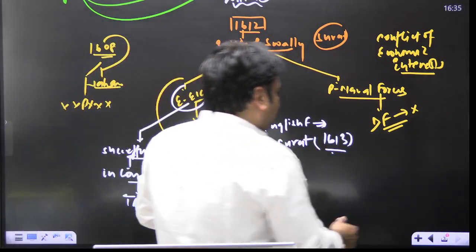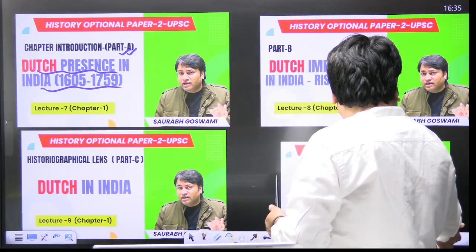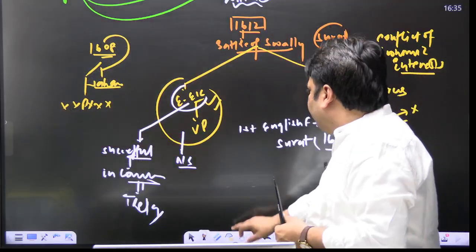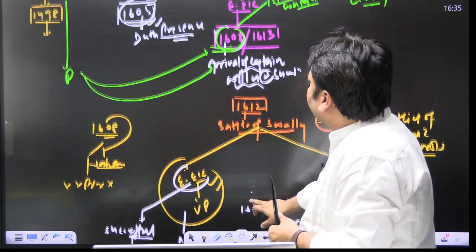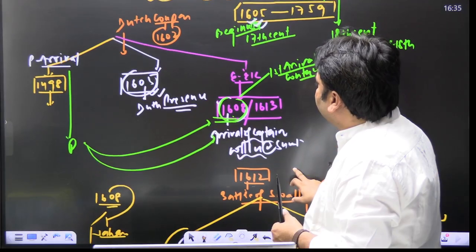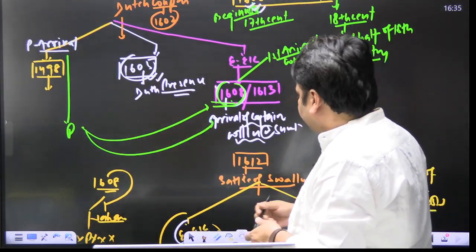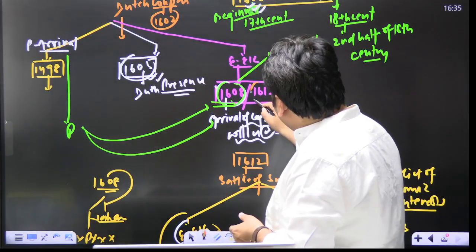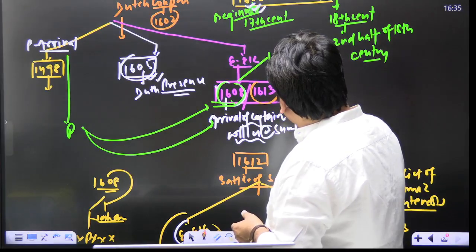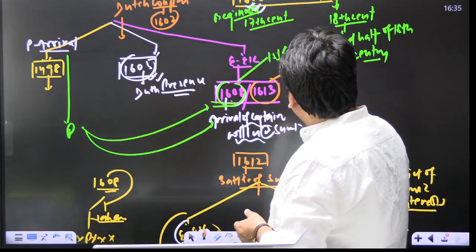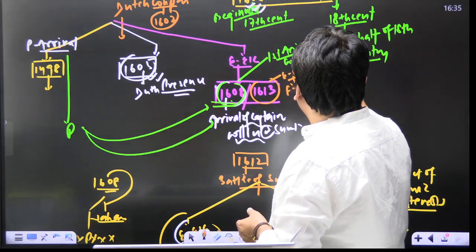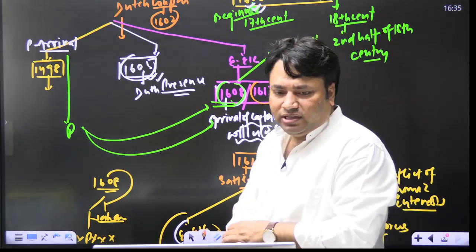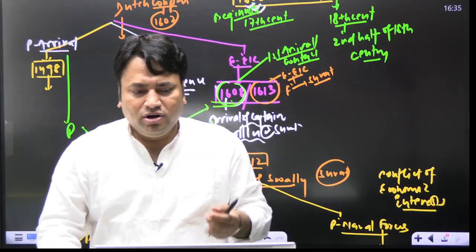That's why in the timeline when I have written this, I have written 2 years here. One is 1608, and the second is 1613. So 1613 means the English East India Company set up its first factory at Surat by getting victory in the Battle of Swali or Suwali.